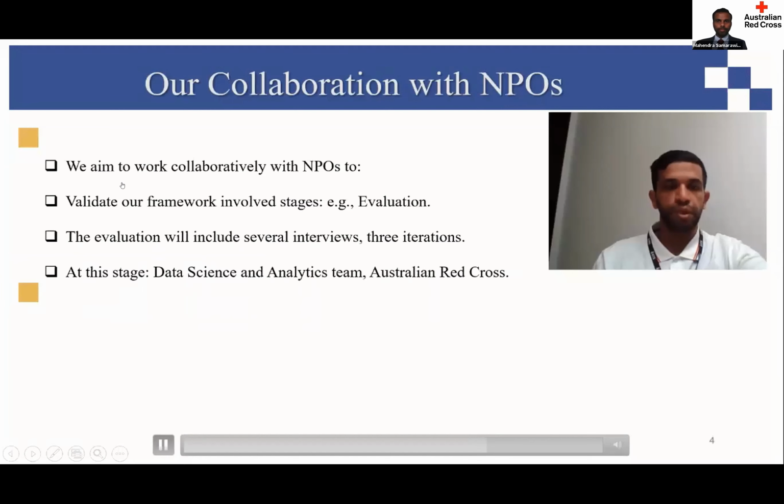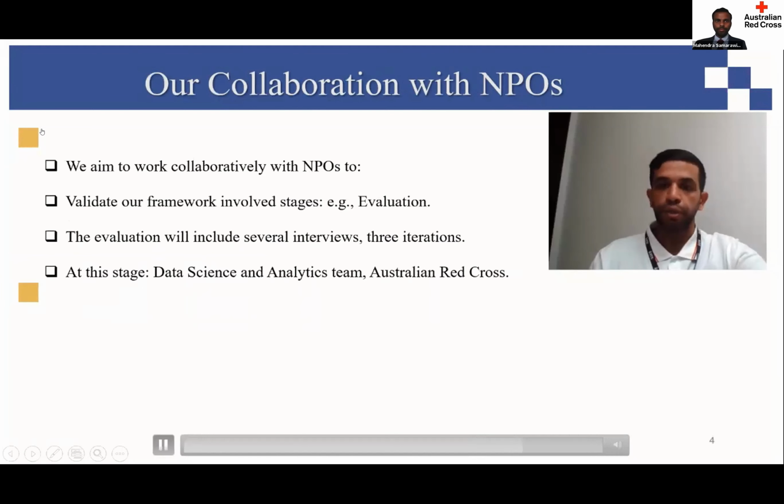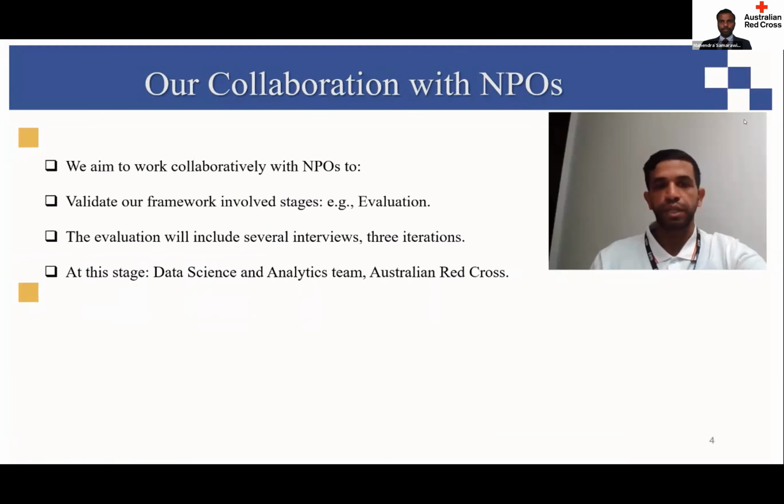Through this collaboration with non-profit organizations, we aim to validate our framework in the involved stages, especially the evaluation. The evaluation will include several interviews during our 3 iterations in the previous framework. At this stage, we have an initial collaboration with the data science and analytics team at Australian Red Cross.